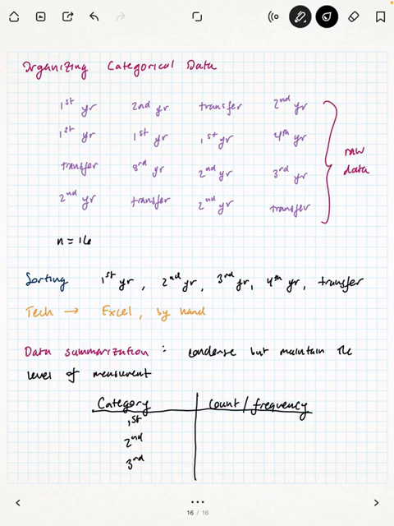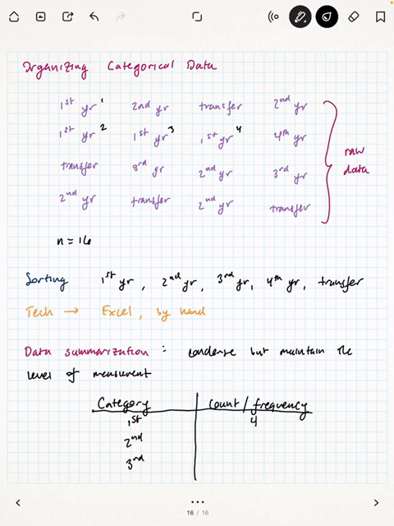But the idea is for each one of these unique identifiers or labels for our categorical data, we have to count how many times each one occurs in our data set. So just for the sake of illustration, I'll do this properly on another sheet here, but how many first year students are there represented in our data set? So I count 1, 2, 3, 4, just 4.